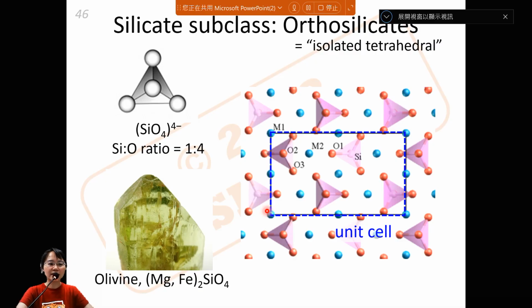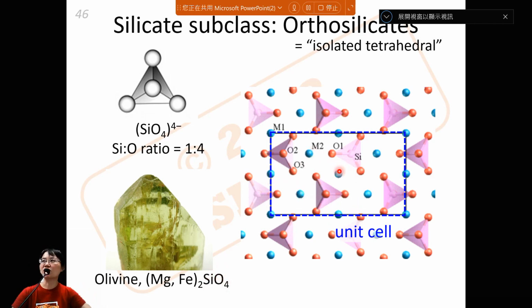This one is the most simple silicate mineral, olivine. This is its chemical formula. So previously I asked you to draw magnesium 2+, but it could also be iron 2+. Now you need to know why the structure looks like this. Silicate is a tetrahedron. Each tetrahedron here is this. And what are the small balls here?